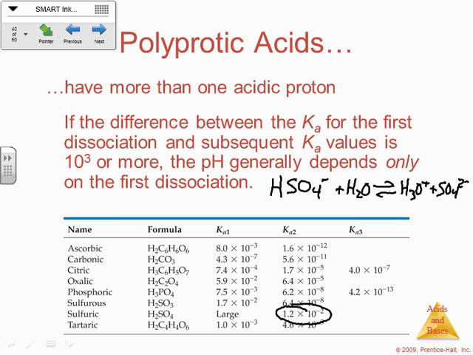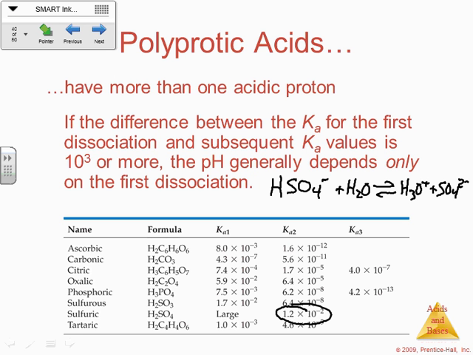And this one doesn't like to come apart as much in water as the first one does. All right, so that's why. And it's still a fairly high Ka compared to the rest of these. Even compared to most weak acids, that HSO4 minus is a pretty strong acid. But that's kind of the idea there.